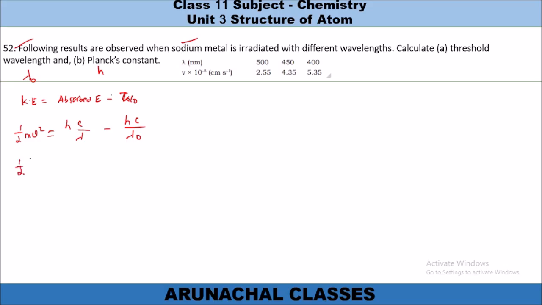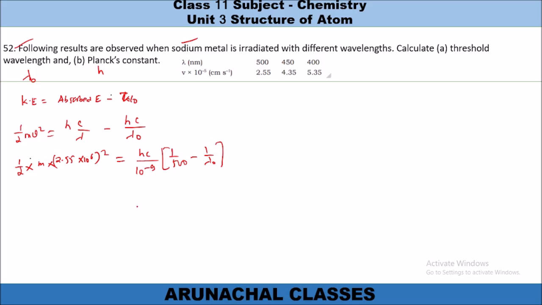Now half mass is unknown, then velocity v is given. For the first case it is 2.55 multiplied with 10 power 6, whole square, equal to hc upon 10 power minus 9 in bracket 1 upon 500 minus 1 upon lambda naught. Here 10 power minus 9 will be common because the wavelengths are in nanometer. So this is the first equation.